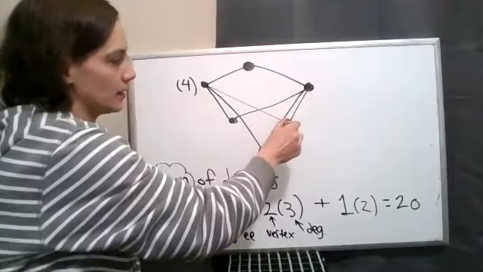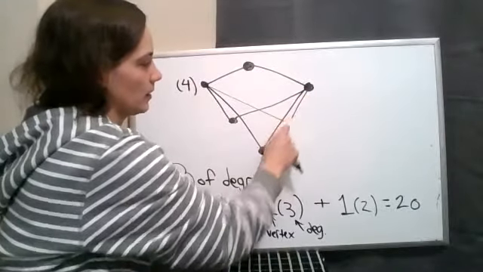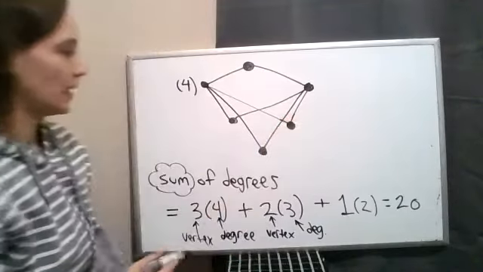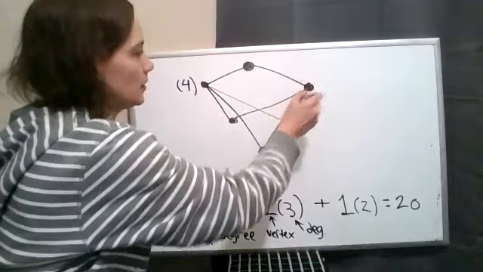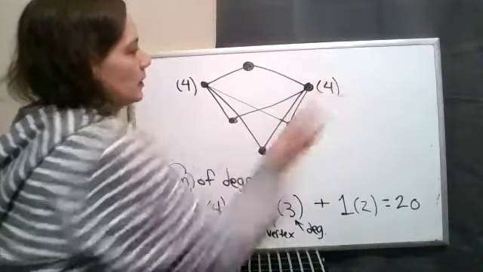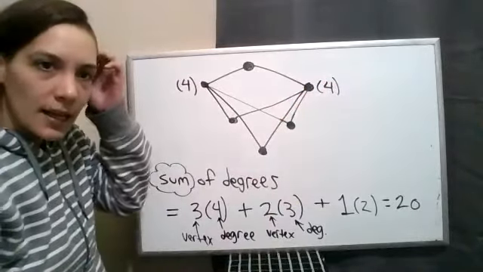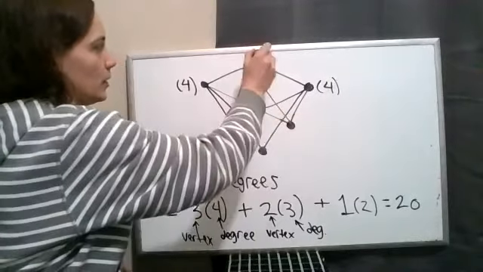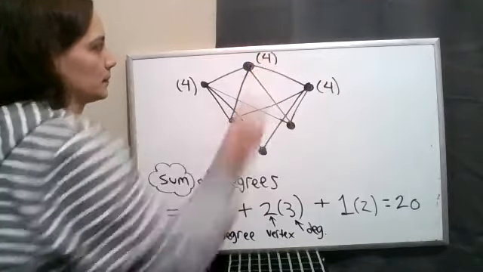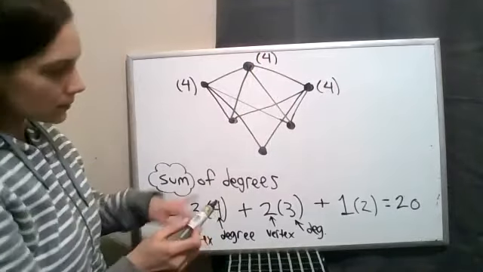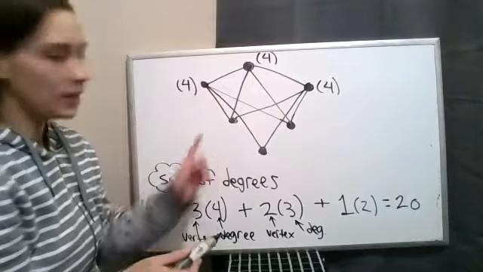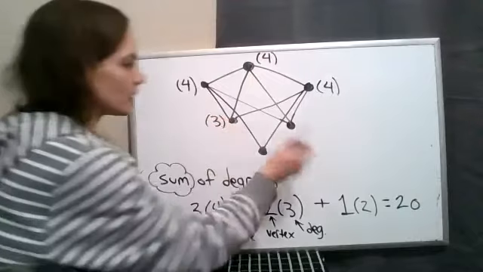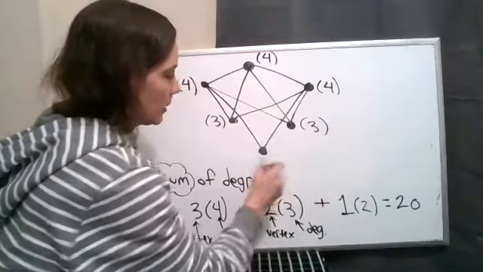Here, here. 1, 2, 3, 4. And then connect here and here. And what's left over is a vertex on this side with degree 3. This has degree 3. And the bottom has degree 2.